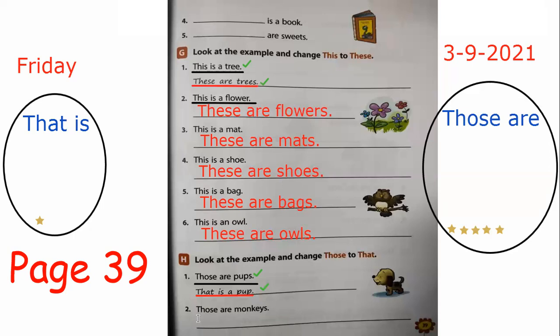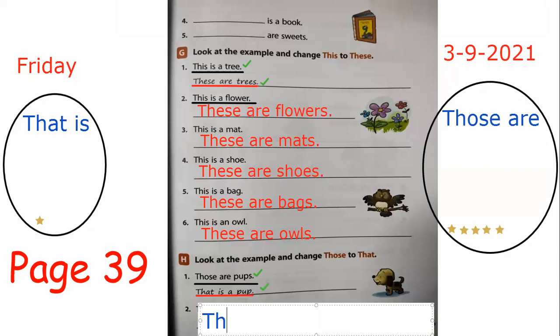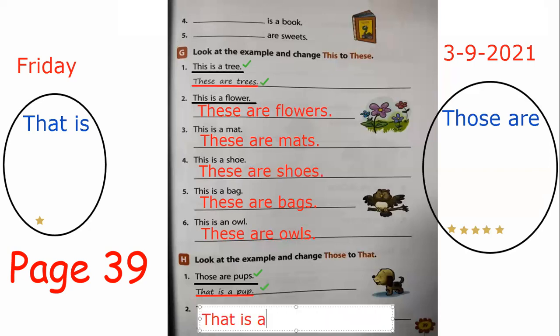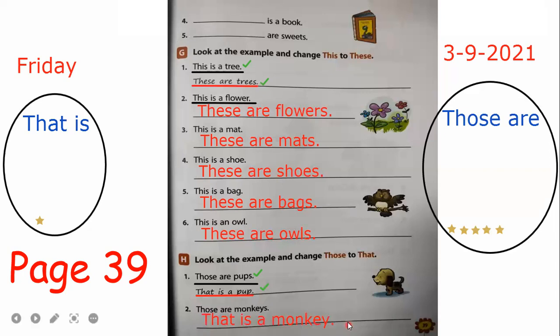Now take your pencil and write down. I'm going to write it down in red. I'll write down here the answers for you. Please write in your book, that is a monkey. And please remember to put a full stop.